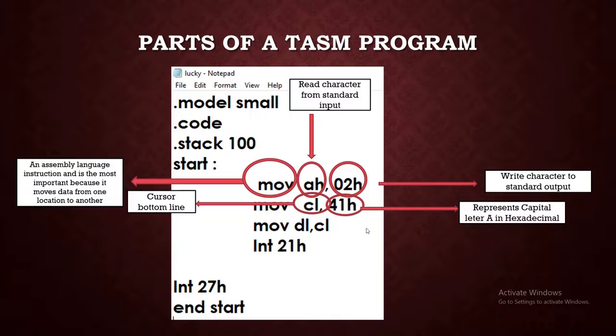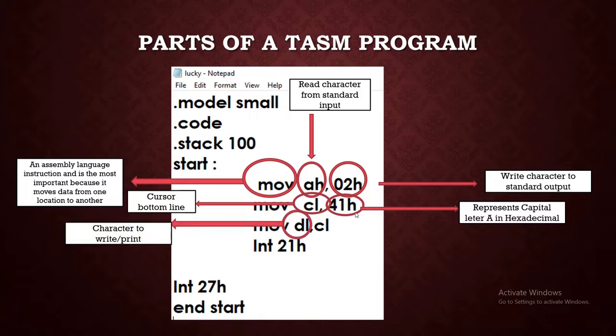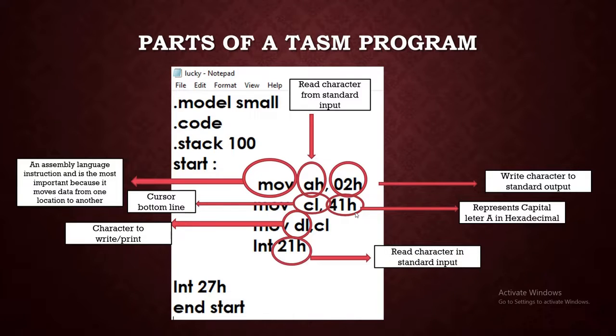I've already shown you the different characters under the ASCII codes, and the number 41 in hexadecimal represents a big letter A, or capital letter A. And then we also have the DL. The DL is the character to write or print. And lastly, we have read character in standard input.